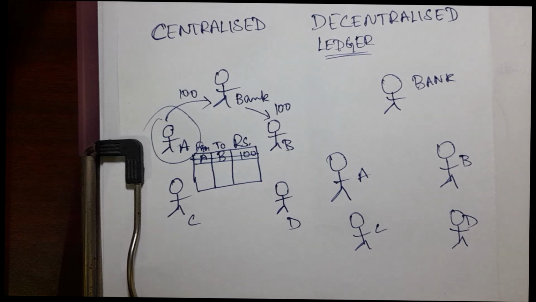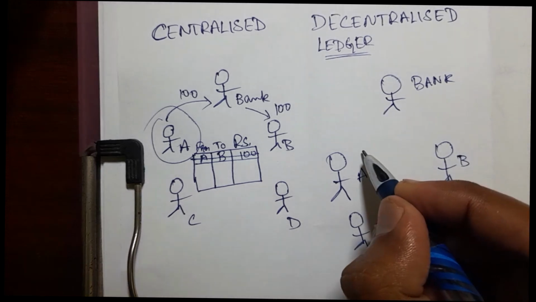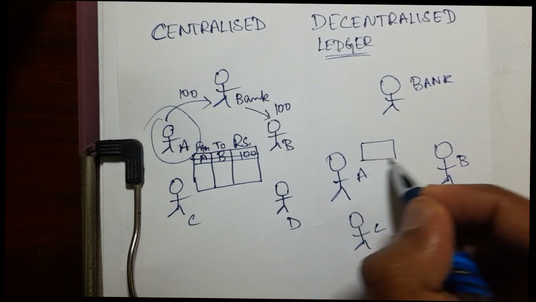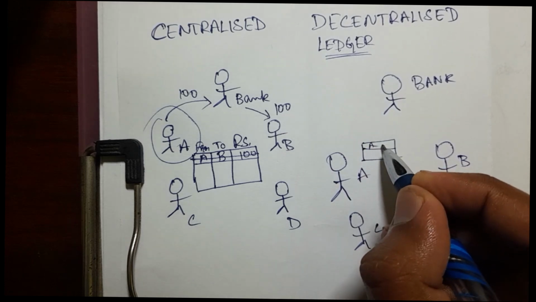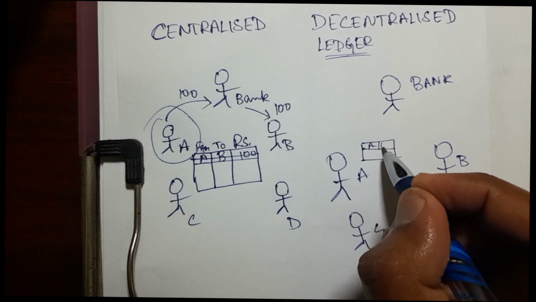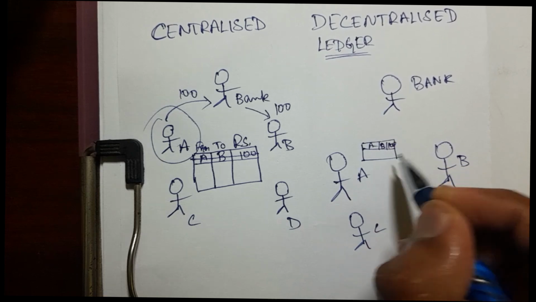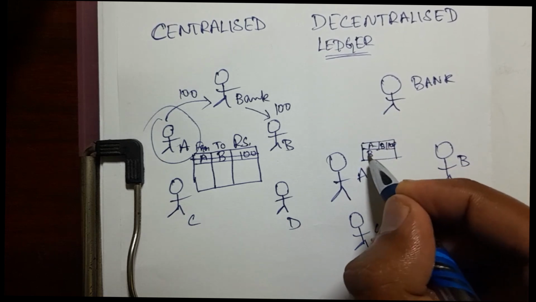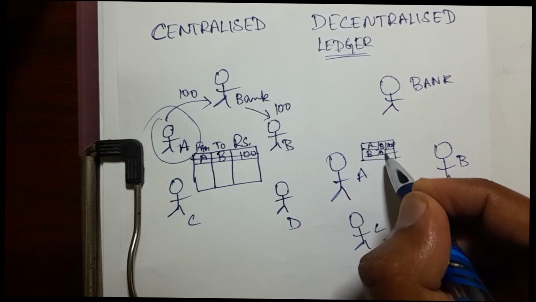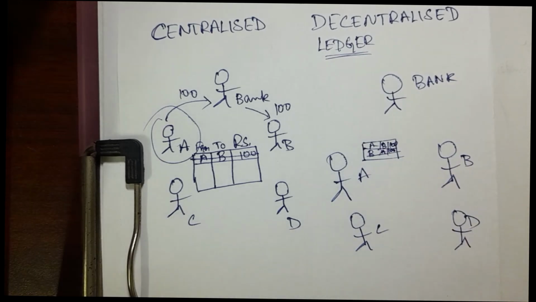In the ledger, it will be stored like A sent to B rupees 100 and B received rupees 100 from A, something like that. I don't know if you guys can see that, but it's nothing really.